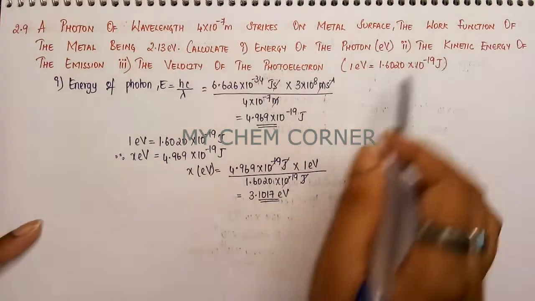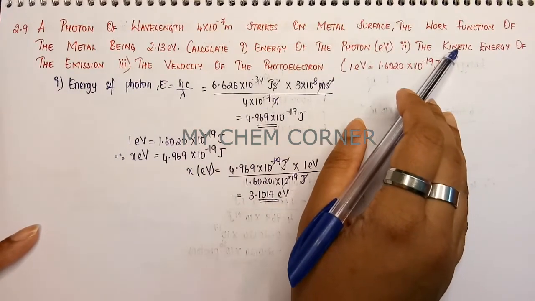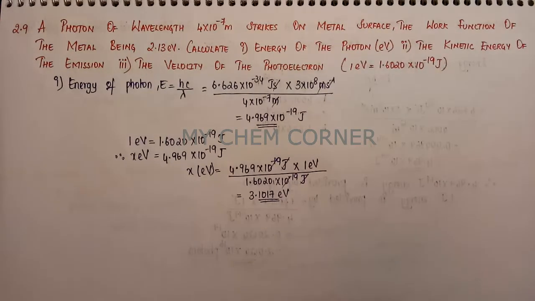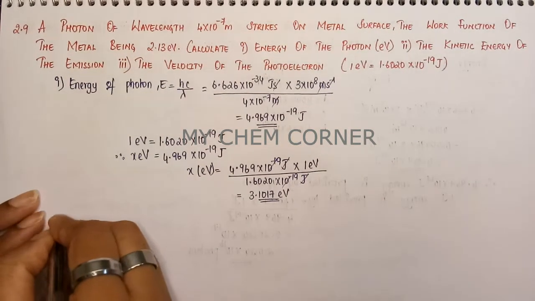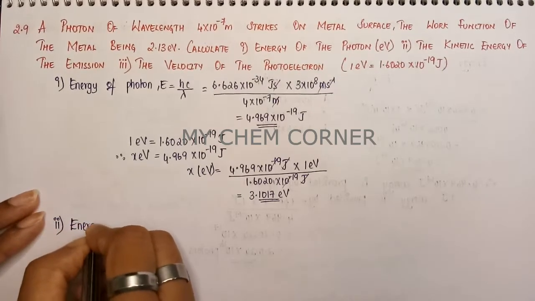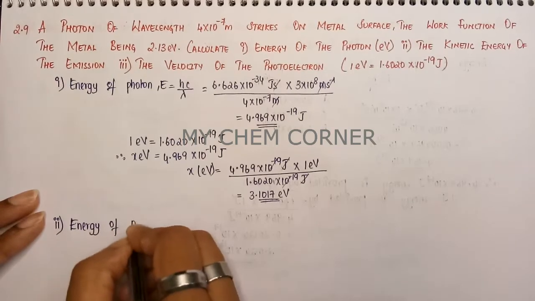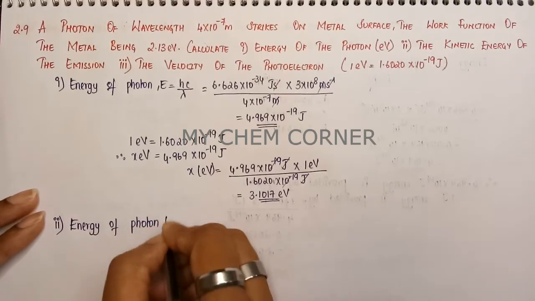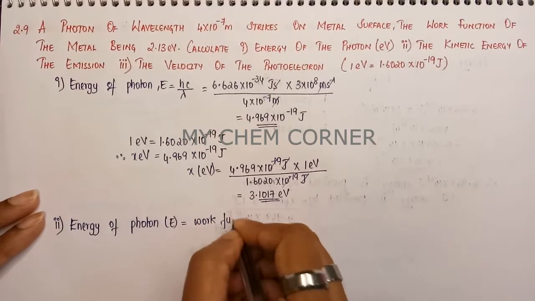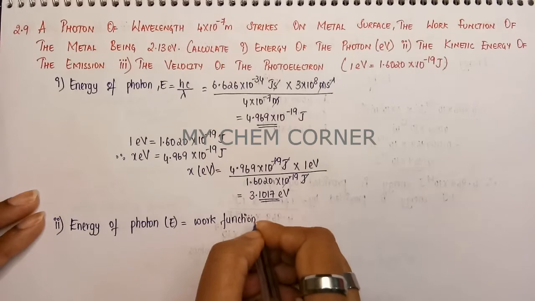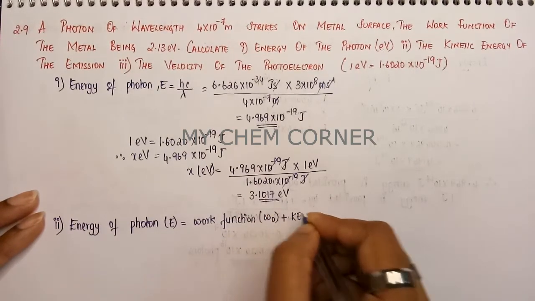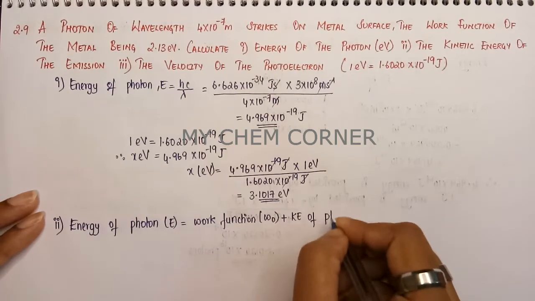Now the second question is kinetic energy of the emission. So here for kinetic energy of emission, which is the second one, energy of photon E equals work function, which is W naught, plus kinetic energy of photoelectron.